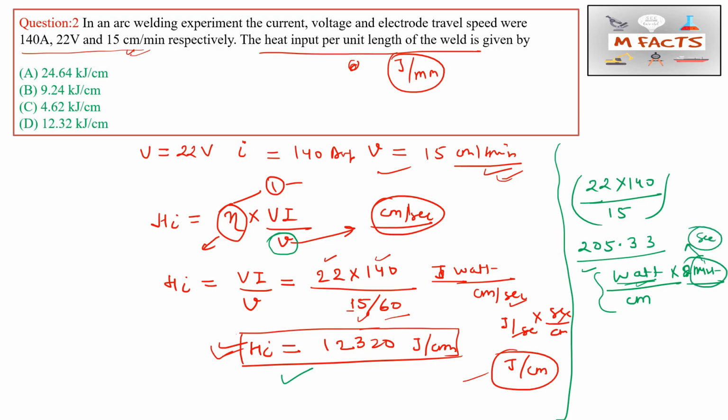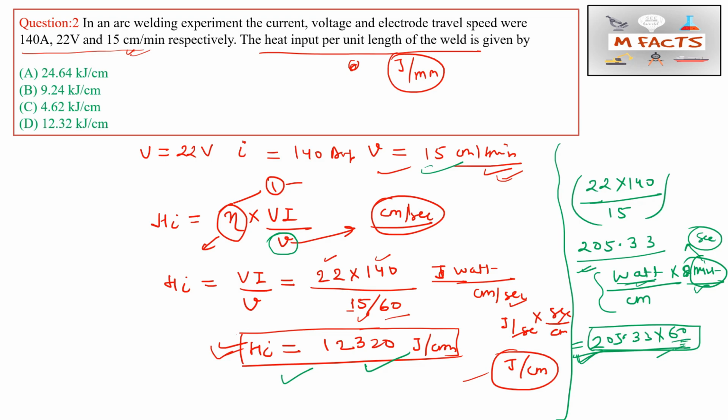At that time we multiply 205 by 3 into 60, because to change minutes into seconds we multiply by 60. So there are two ways of changing these things. The first way is that we initially change the unit of the speed, and the second way is that after the final answer, we multiply it by 60 for unit conversion.